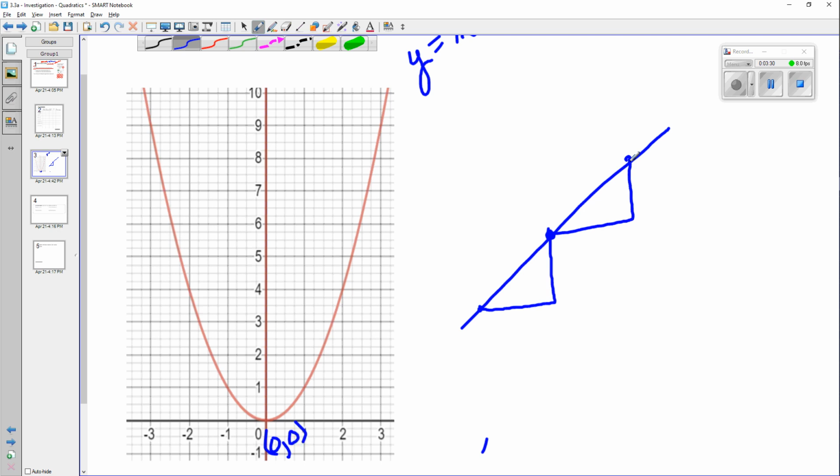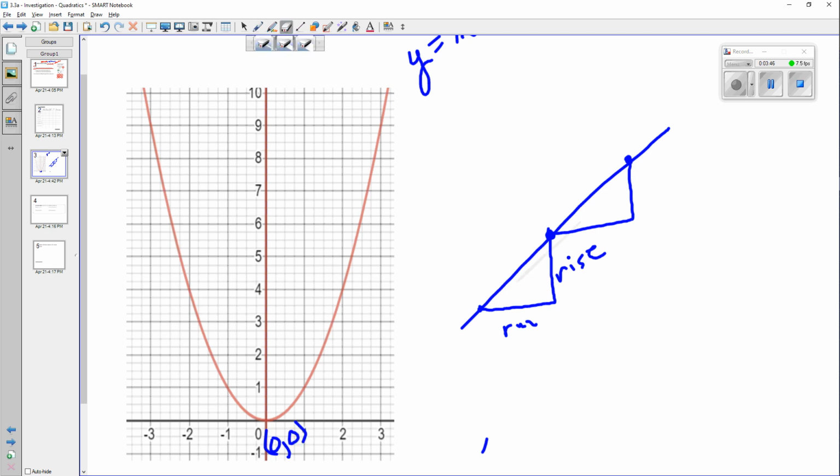We used the run and the rise, which we got from our slope in y equals mx plus b, to find the next point on the line once we found one point.